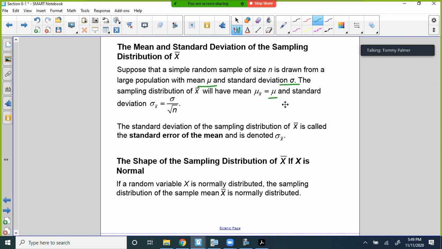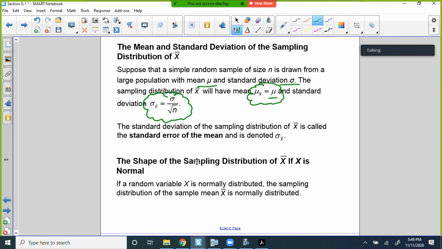The mean of X bar is the same as the mean of the population. But the standard deviation of X bar is going to be the standard deviation of the population divided by the square root of n. That is what we have to understand, these two things right here.